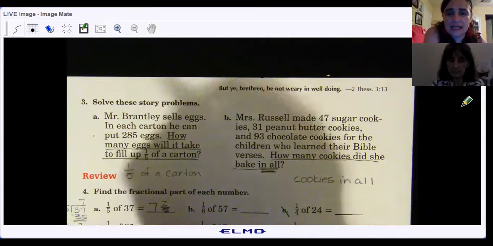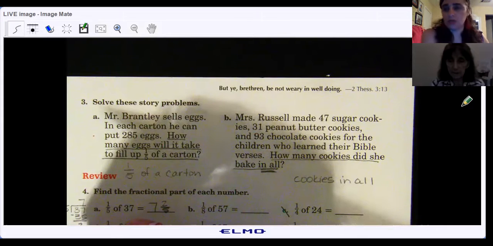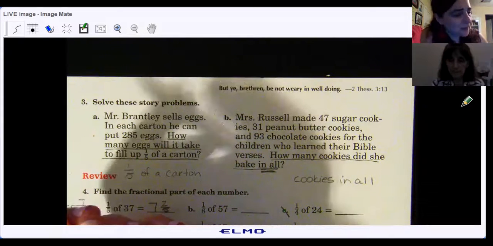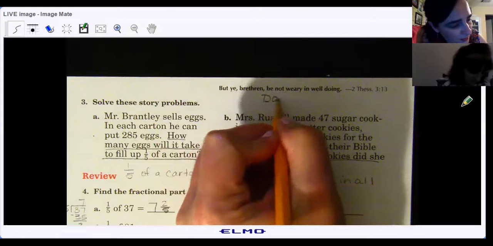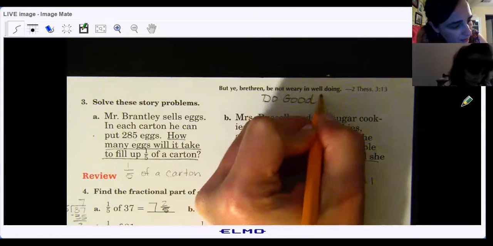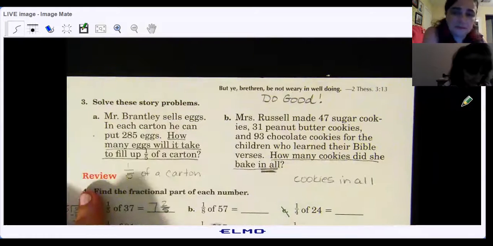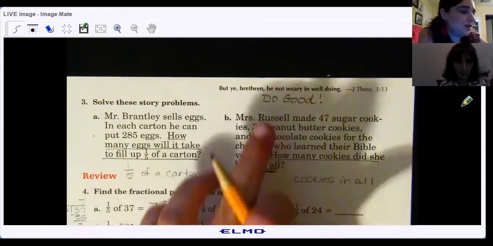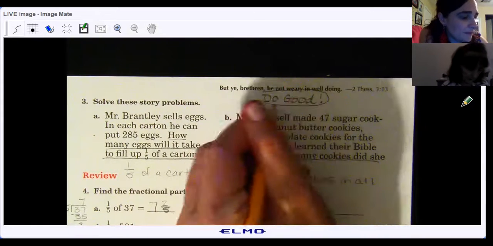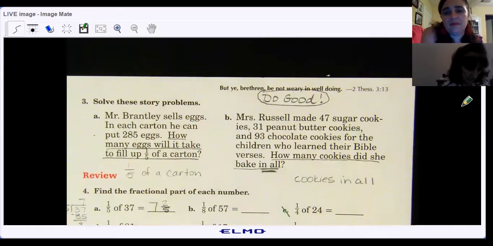So how about we just say, "Do good." All right. Do good. By the verse. You put "do good" right there. Circle it with an exclamation. And then don't forget it up there on the corner.